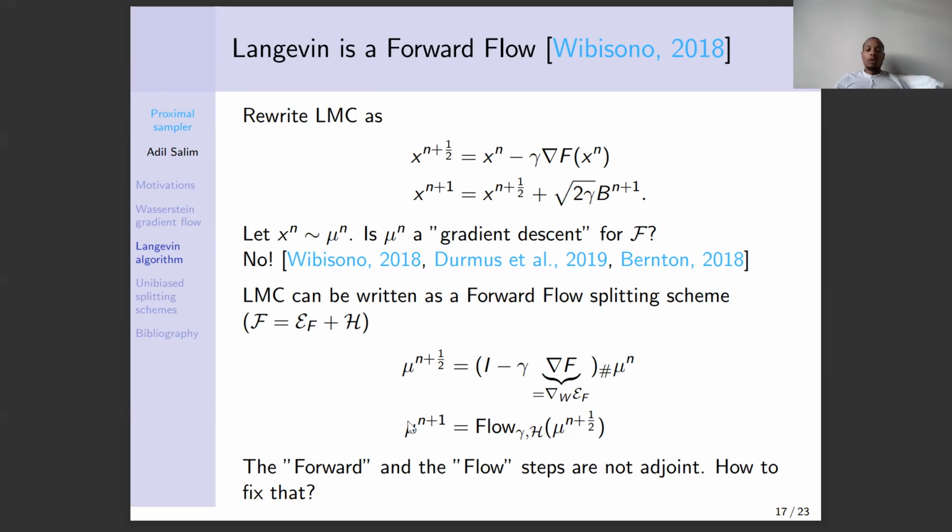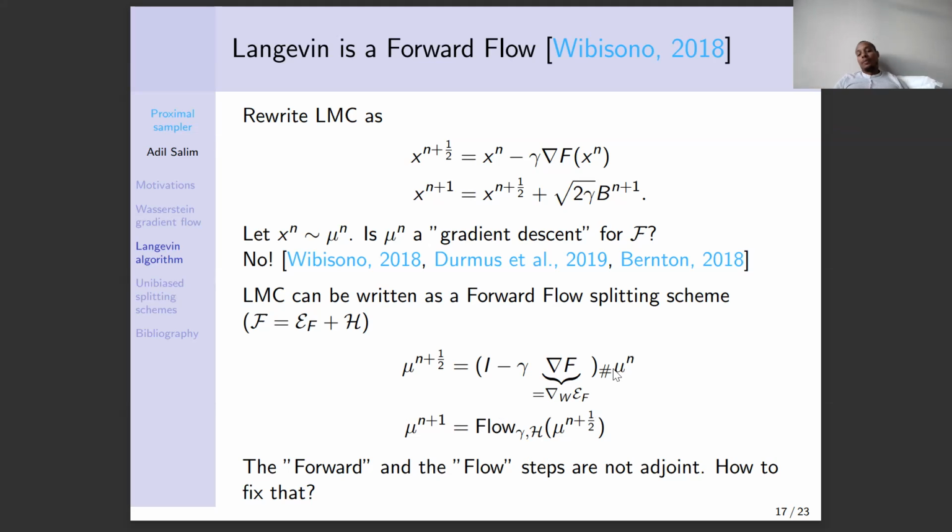So I obtain mu n plus 1 by following the Wasserstein gradient flow of the entropy from mu n plus half. That's why we call it a forward flow, because gradient descent in the literature of numerical analysis is sometimes called the forward discretization. So this is the forward pass, and this is the flow step.